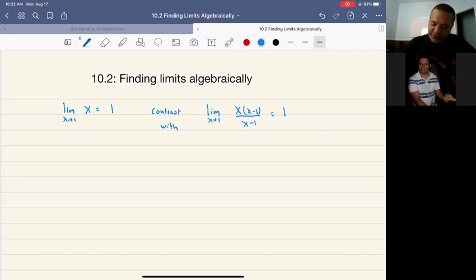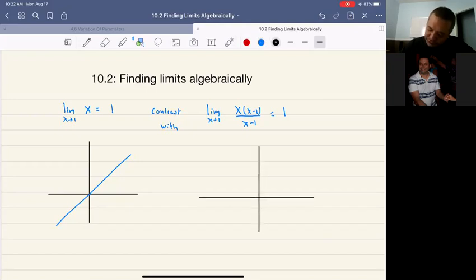On the left-hand side, x equals 1 is simply this line. On the right-hand side, however, we get something slightly different. At (1, 1), we're going to have this open circle.